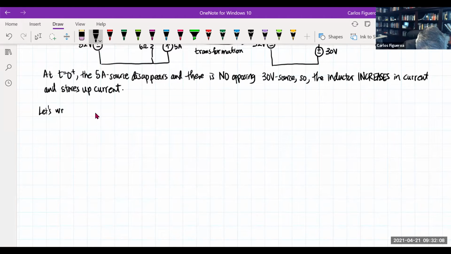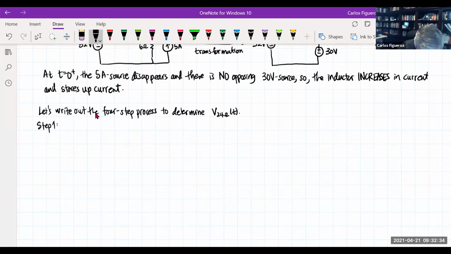Let's write out the 4-step process to determine the voltage of the 24 ohm resistor. Okay, so here we go. Step 1.